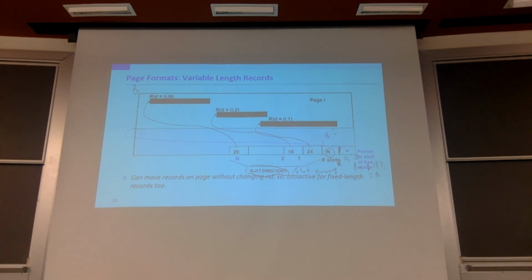Suppose everything is 4 bytes here. This is B prime minus 4, this is B prime minus 8, and this is the start of your slot array. The ith entry will be at offset B prime minus 8 minus i times 4. Then what you are storing there is two things: an offset and the length of the record.